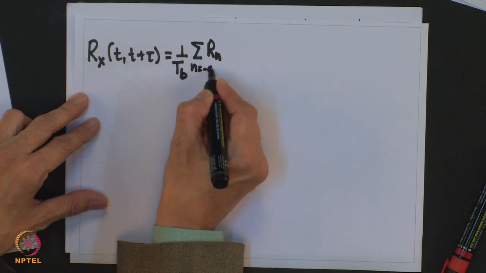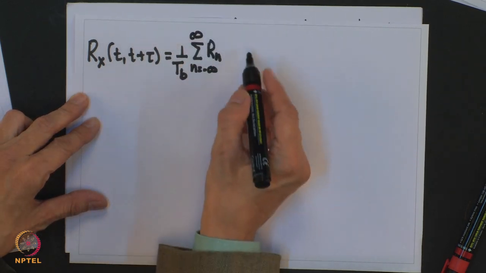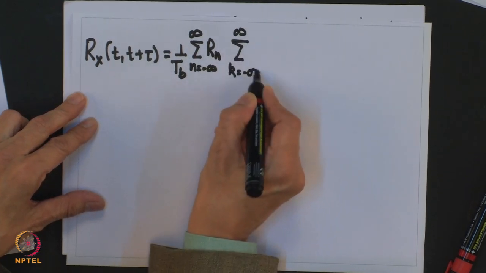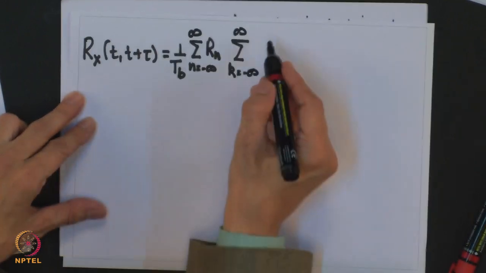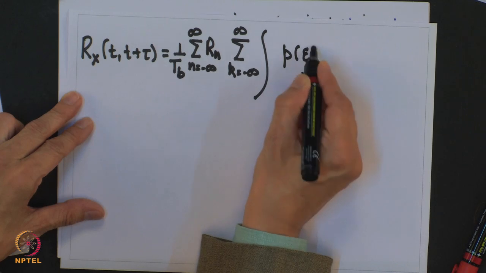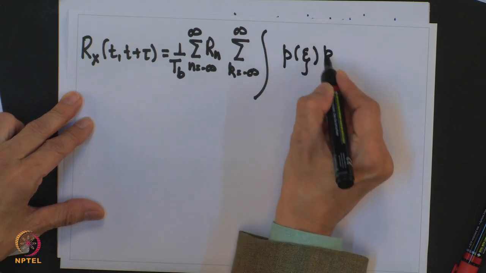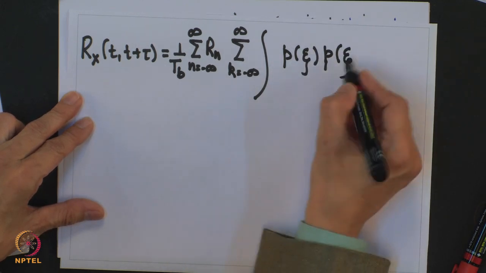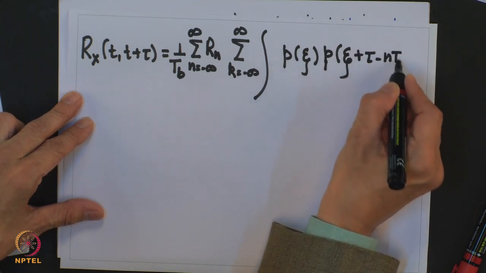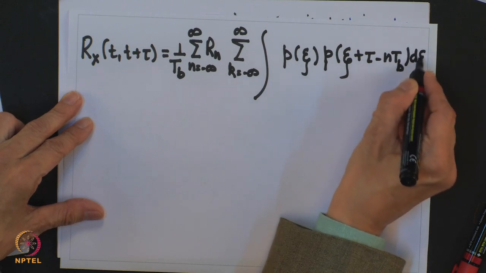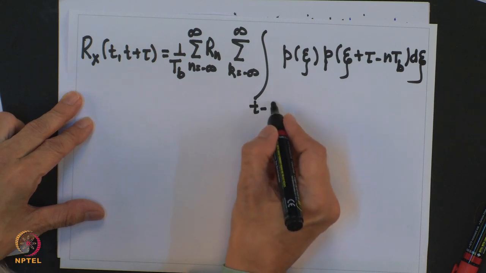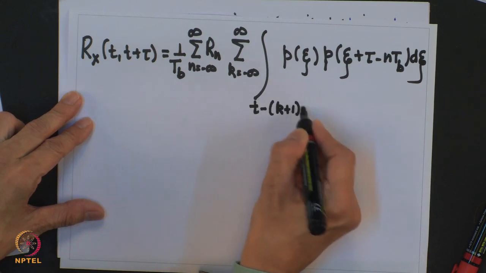This is n is equal to minus infinity to plus infinity, and k is equal to minus infinity to plus infinity. And the limits for this integral would be as follows.